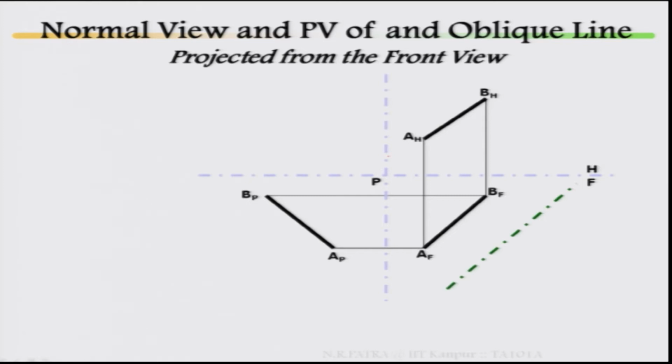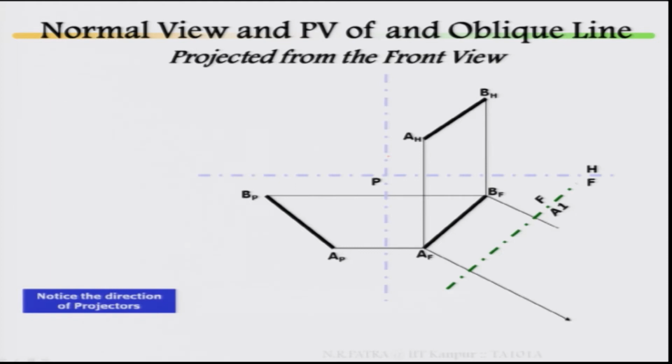Then draw the first auxiliary plane A1 with respect to your front view. Notice the direction of the projector, then from there draw the projector, then measure the distance in the opposite view, the top view. This is your distance.